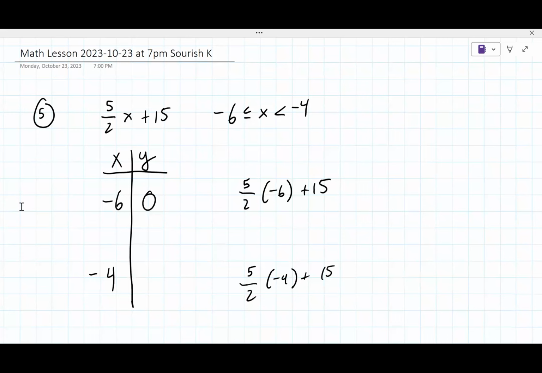It is 5. Okay, now at -6, do you see how it's less than or equal to?